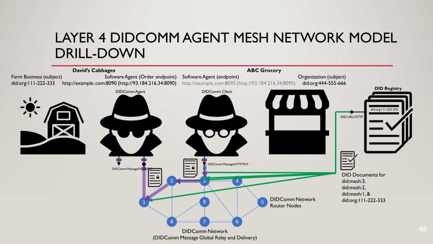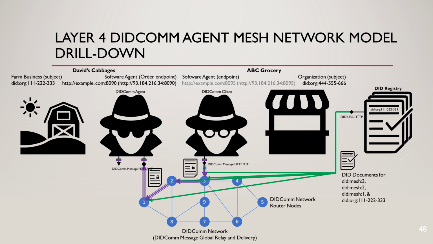In the layer 4 DIDComm agent mesh network model, you can send that into the DIDComm network, and those DIDComm network router nodes will cache and store those authenticated encrypted DIDComm messages. And when that DIDComm agent comes back online, somebody turns the computer on, starts the agent up, it can query its nearest node in the network and say, hey, I'm here.